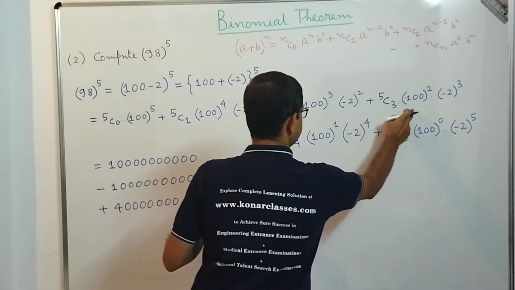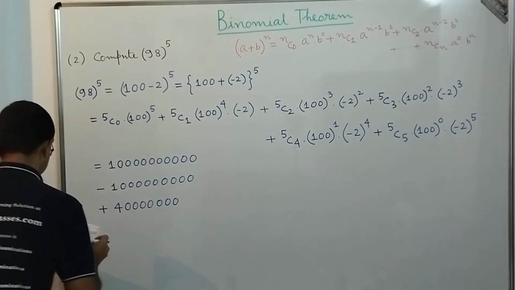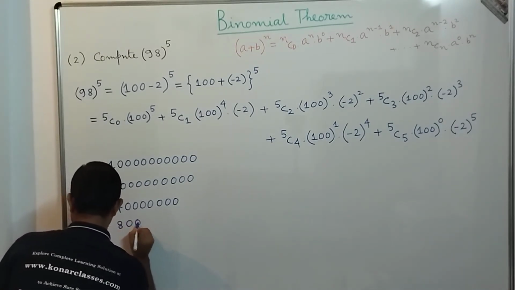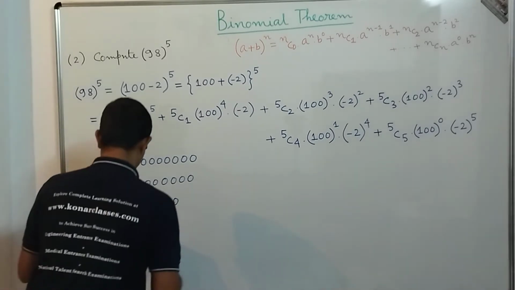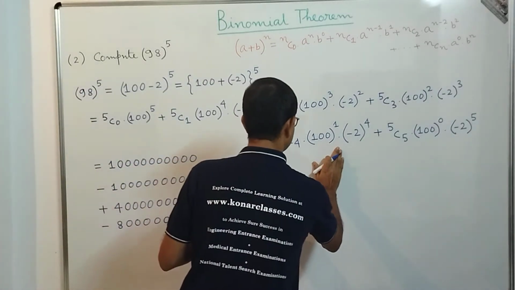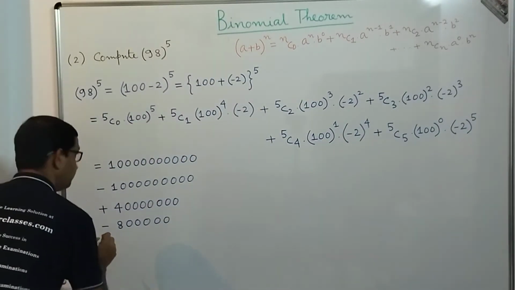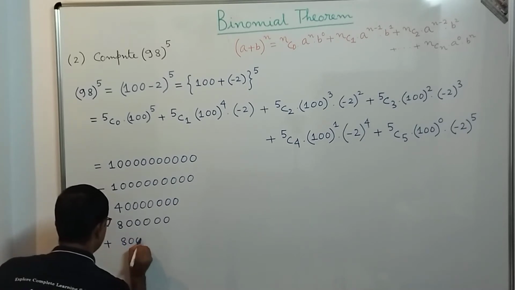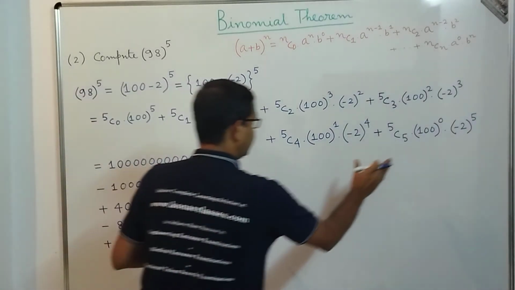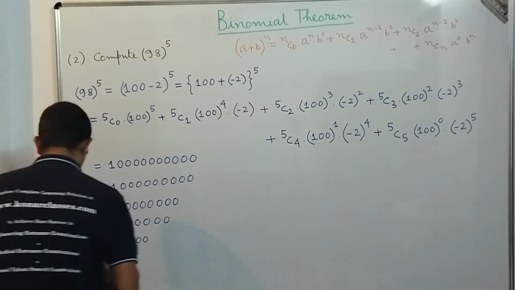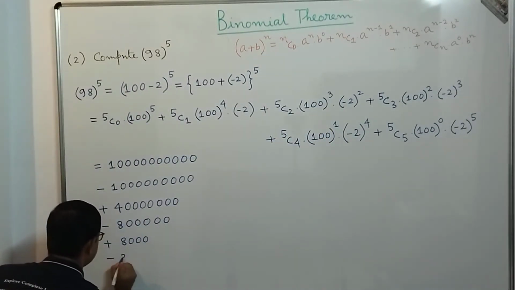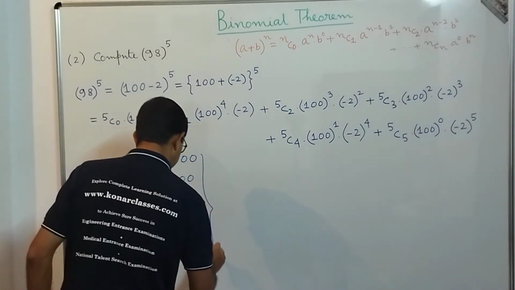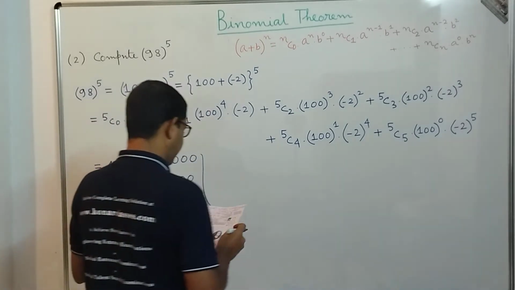Then this term will be minus 8 followed by zeros. Then this term will be plus 8 followed by zeros, and finally this term will be minus 32.